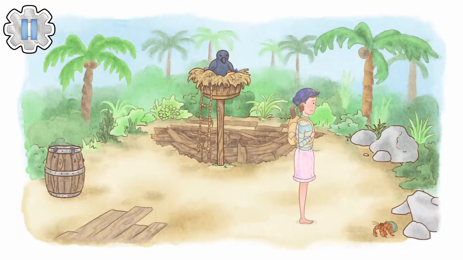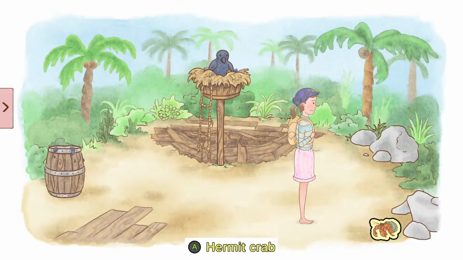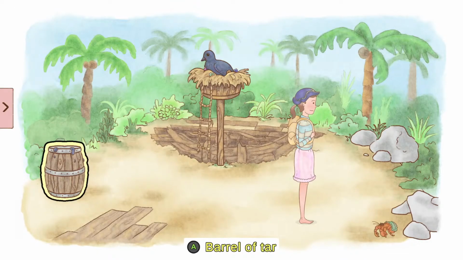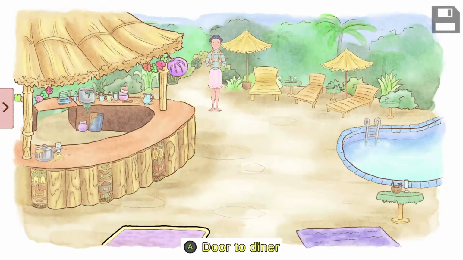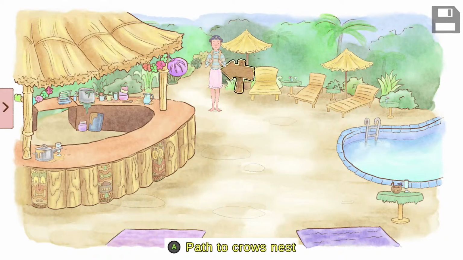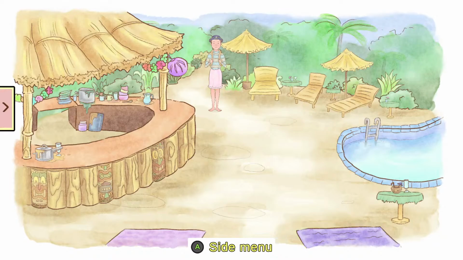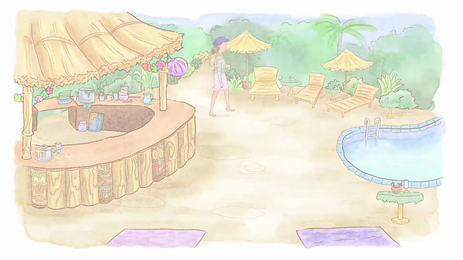Side menu. Barrel of tar. Path to kitchen. Crow's nest. Auto saving. Door to diner. Door to tavern.